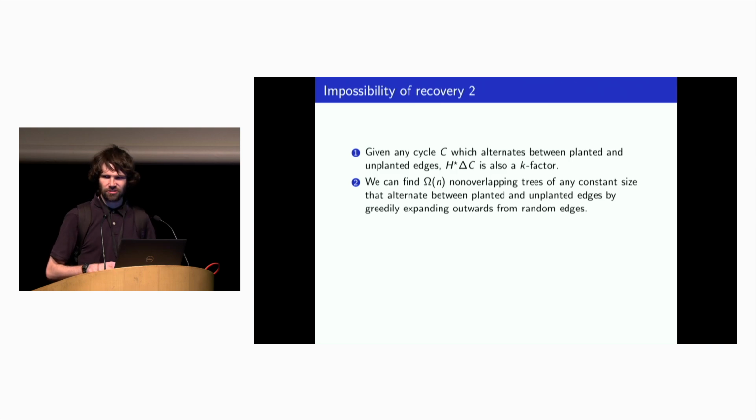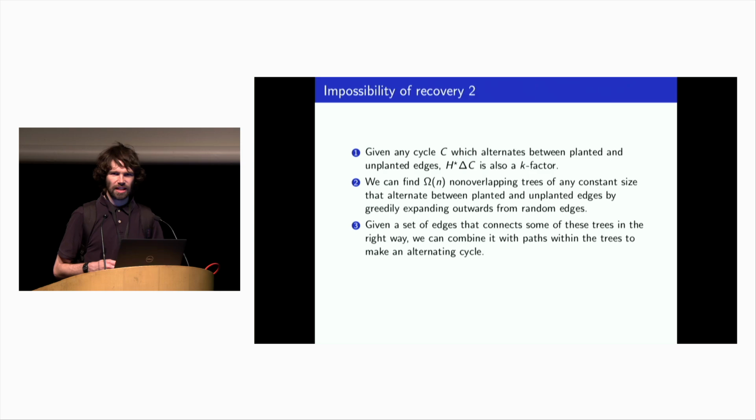I can't really go into the details of how we do that in this time, but roughly speaking, we first prove we can find order n trees in the graph which alternate between planted and unplanted edges, by randomly picking a planted cycle and greedily expanding outwards from it while avoiding trees we've already constructed.